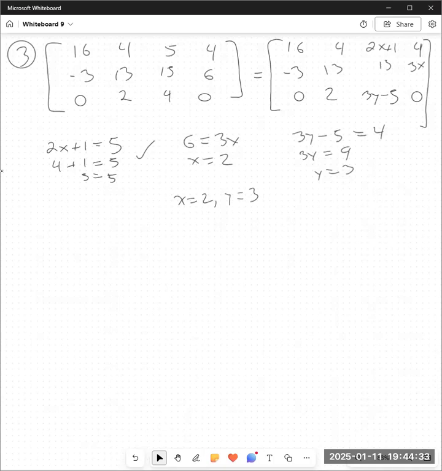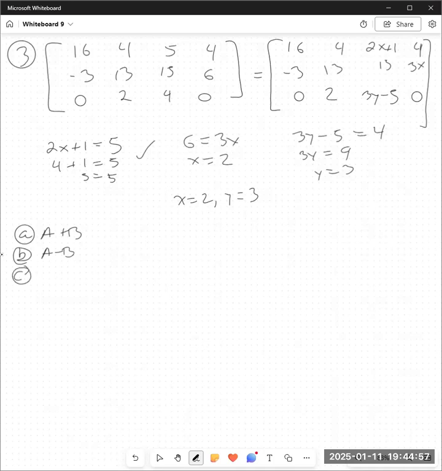And number 5 asks us to do several different matrix operations. So we're going to have parts A through E for a few problems here. Part A asks us to add the two matrices. Part B asks us to subtract the two matrices.